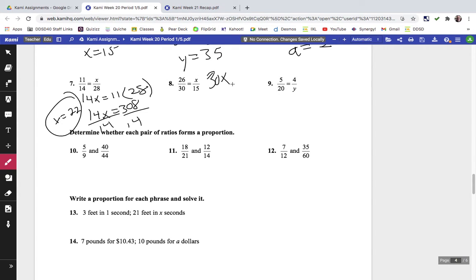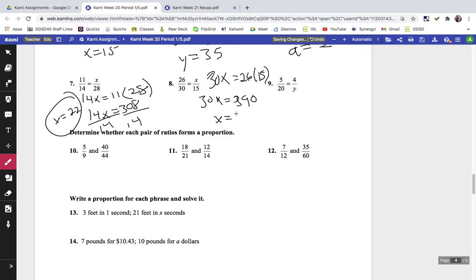30x, cross products are equal, is equal to 26 times 15. 30x equals 390. Divide that by 30, and you get 13.